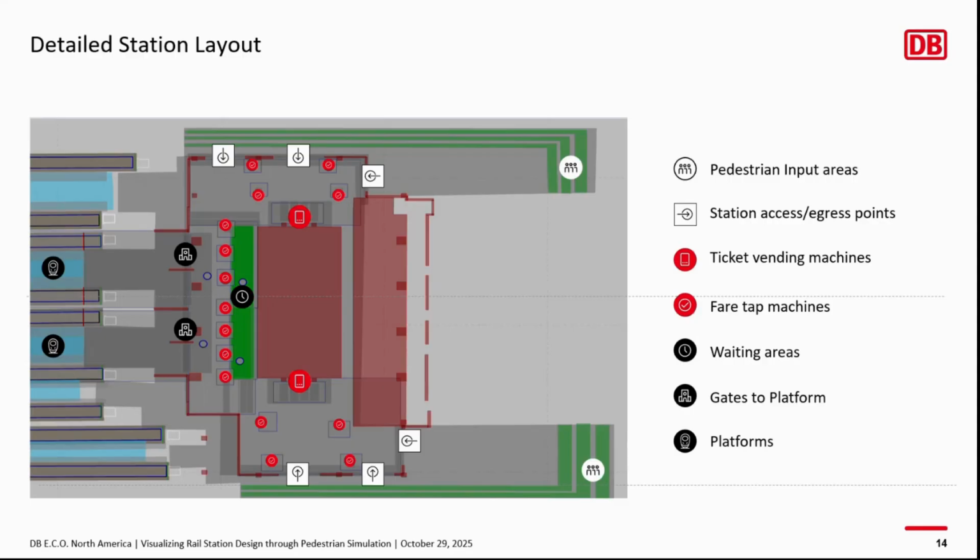There's a waiting area in the middle, in the green, and once passengers are called to board, they proceed to one of two platforms. All trains for this model would arrive at one of the two platforms in the middle.